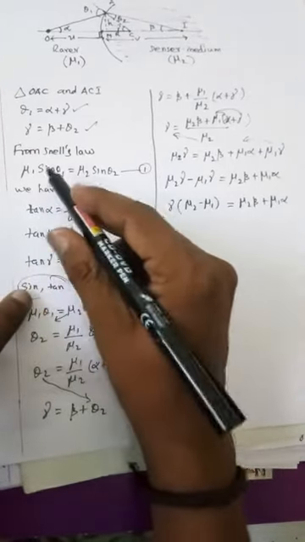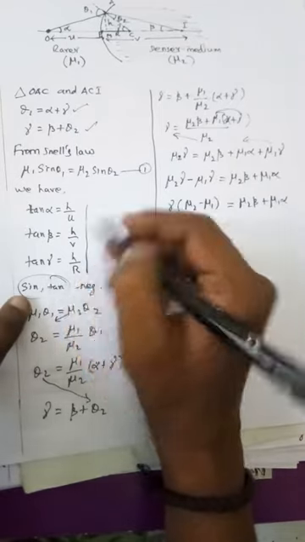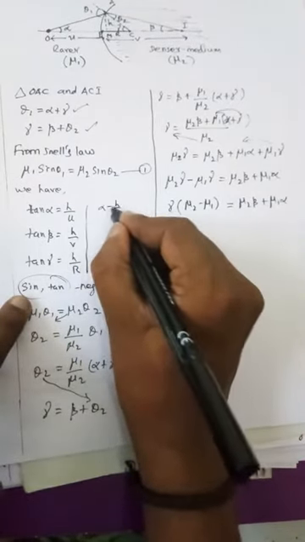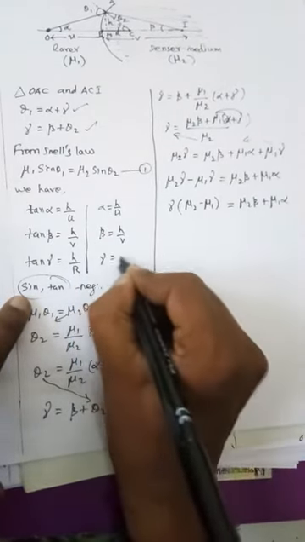Since tan and sine are neglected because the angles are very small, alpha is equal to h by u, beta is equal to h by v, gamma is equal to h by r.